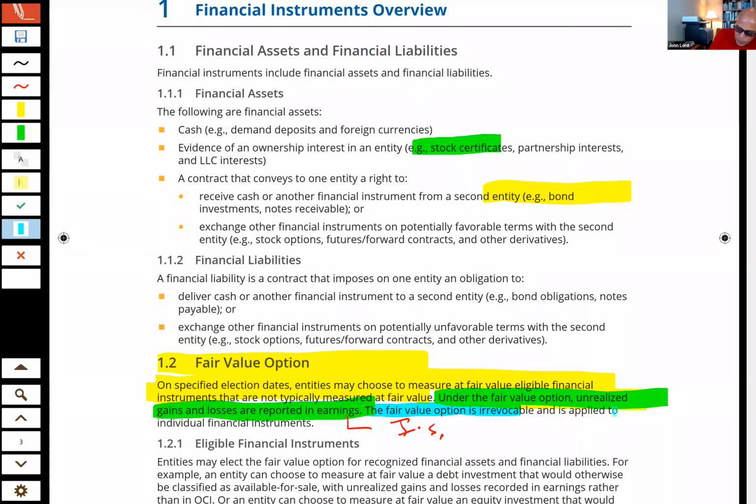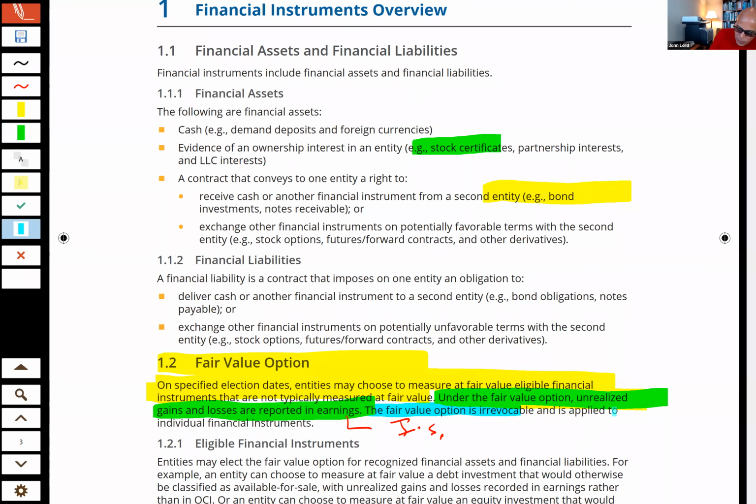You can't reverse it. It would apply to bonds that you're carrying in, say, available for sale or held to maturity, or to stock where you would be warranted to use the equity method but you choose to use the fair value through net income method.